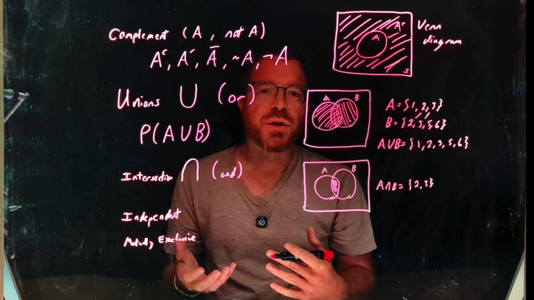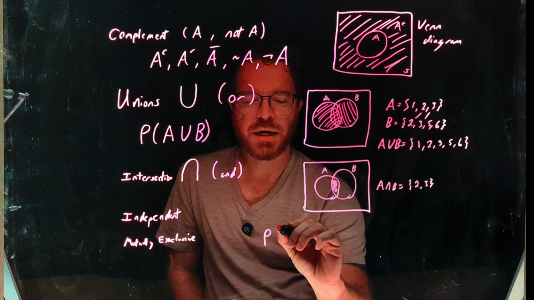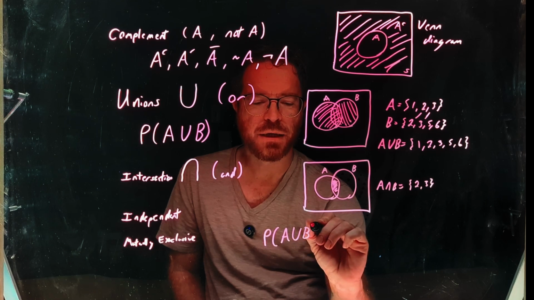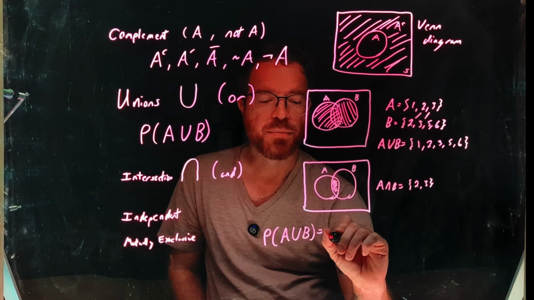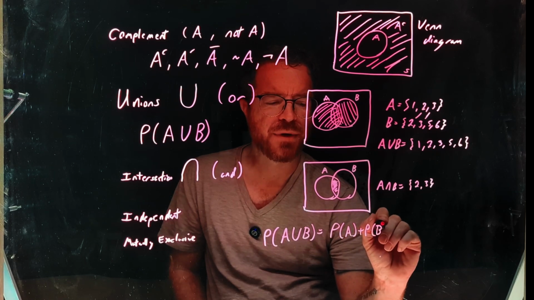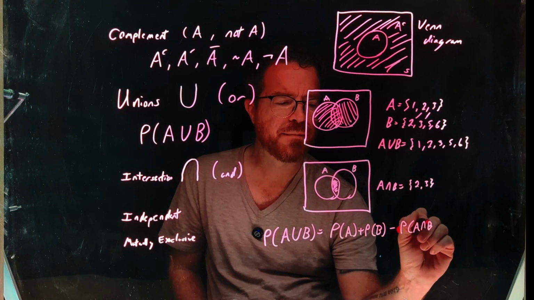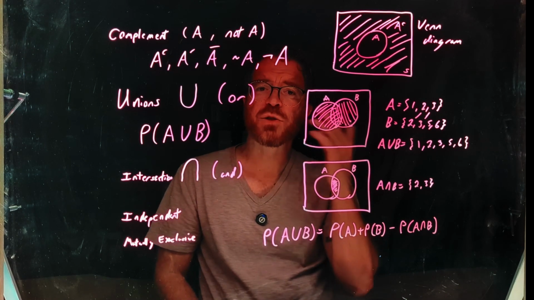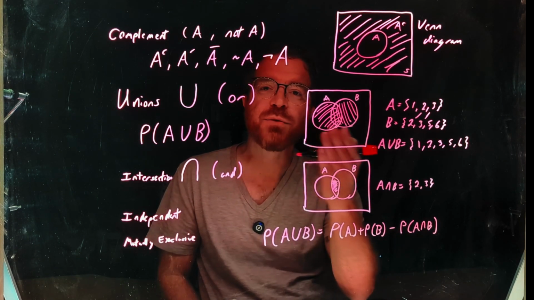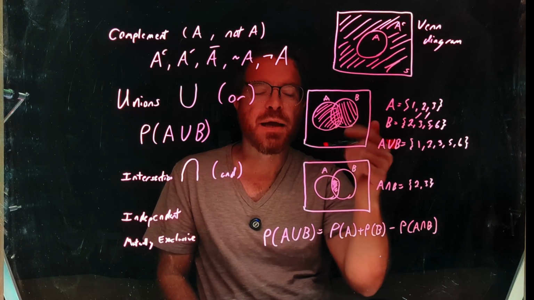So now how does this actually work though? Well, it actually works because if I show you the formula to find the probability of a union, probability of A or B, this is going to be the probability of A plus the probability of B minus the probability of A and B. And we'll talk more in depth about this when we're at that section, but the reason we have to do this probability of A and B is if you look at the image that we drew in our Venn diagram, whenever we looked at A or B, what happened?